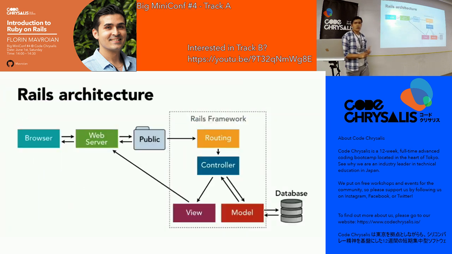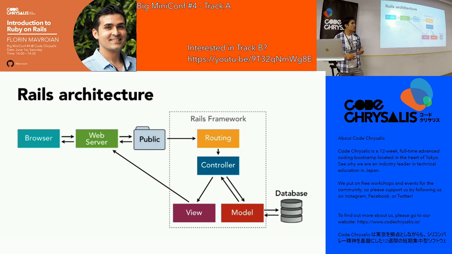So let's say a user will make a request in the browser. That request will be handled by the routing, and the routing will determine the controller. The controller works exactly like the name suggests. It controls both the model and the view.